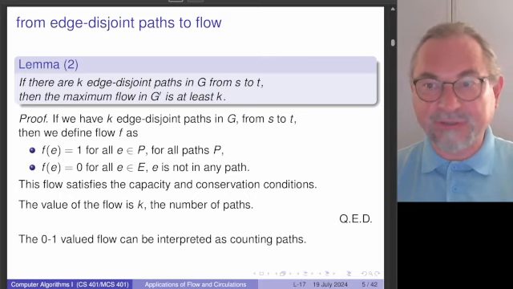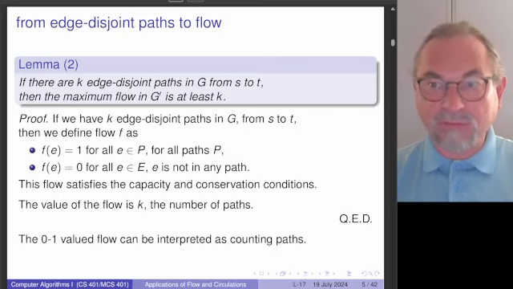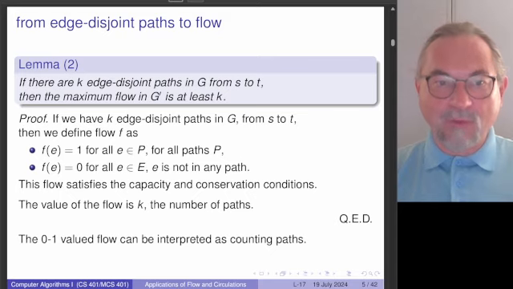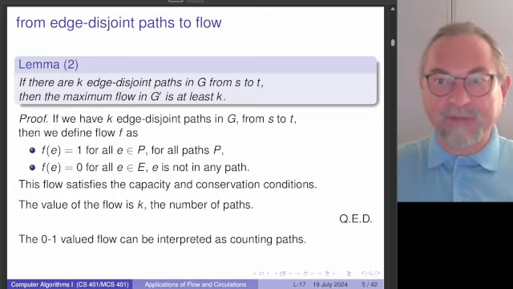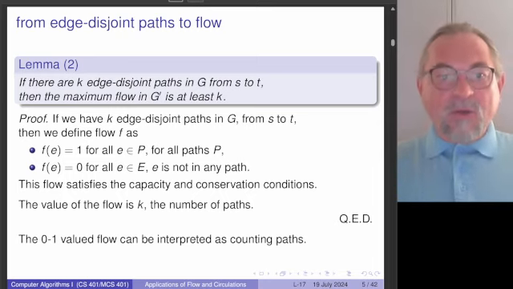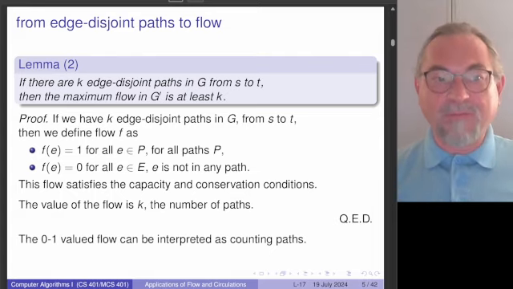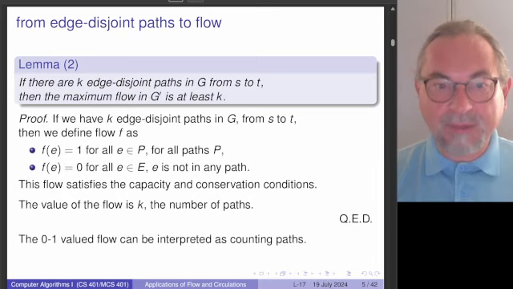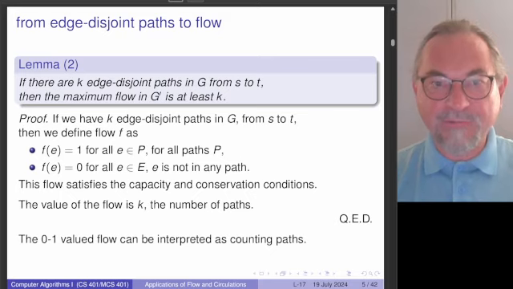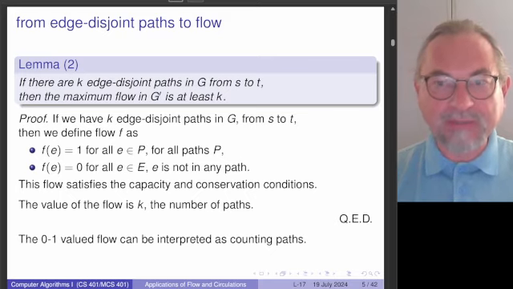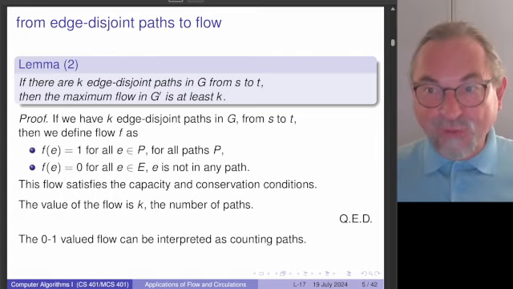The capacities were 1, so we stay below or equal to 1. And what goes into any vertex will go out; that can also be seen from these paths. If we count, for example, the number of outgoing edges from the source, we have k paths, so we have a flow of k, and all our paths reach the sink.